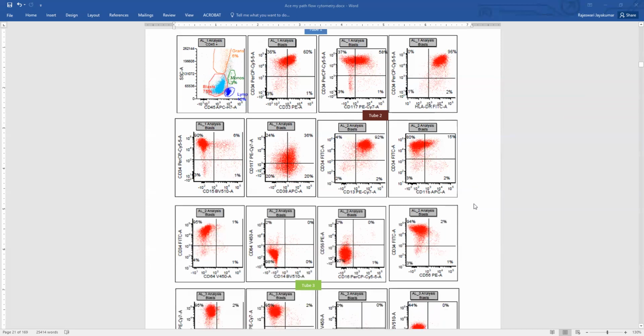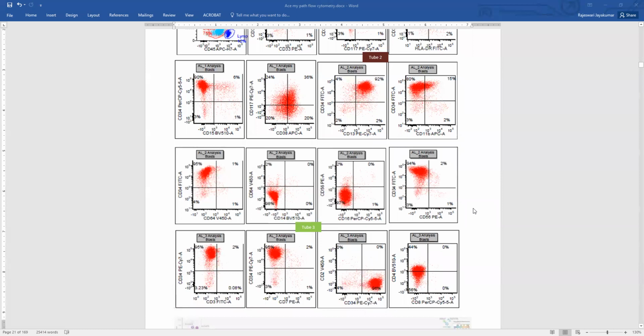The other utility of documenting these markers is that if the patient is coming back for follow-up after therapy, there may be a small number of blasts, less than 10,000 per cubic mL, and that is when we use the term MRD, minimal residual disease. For evaluating MRD, flow is one of the recommended modalities.